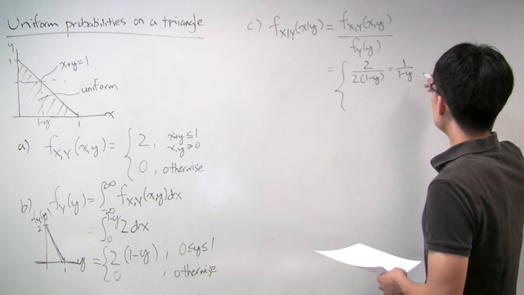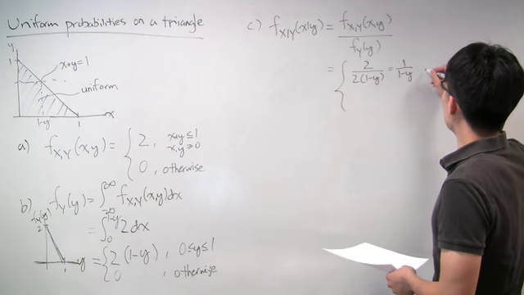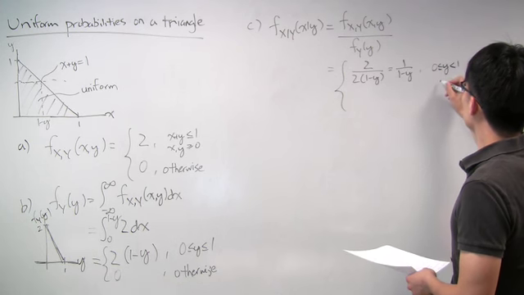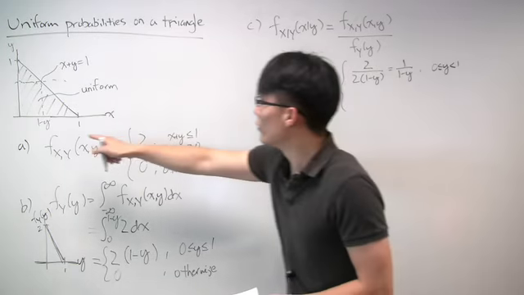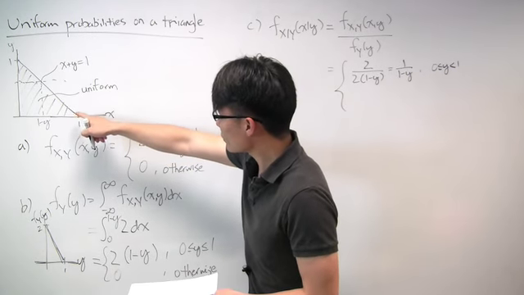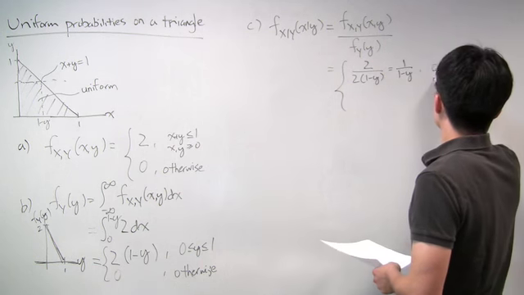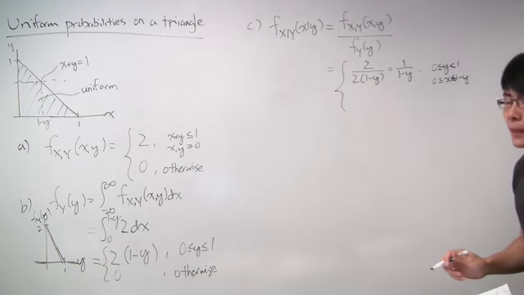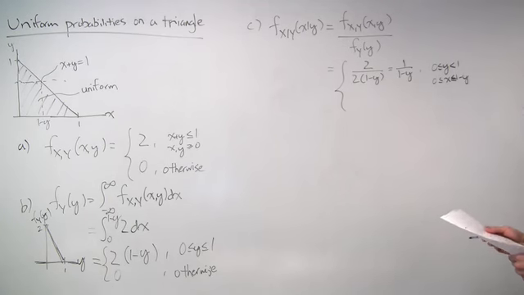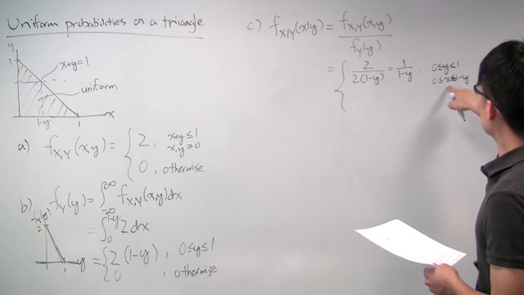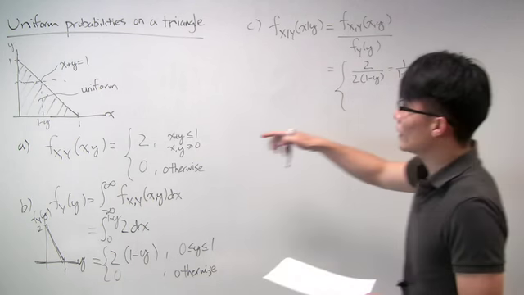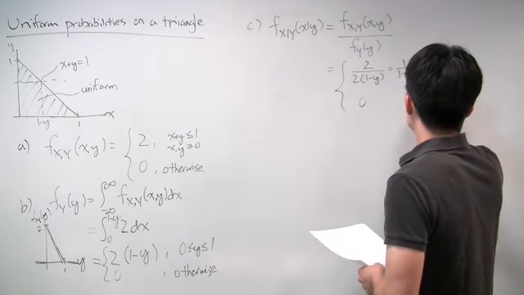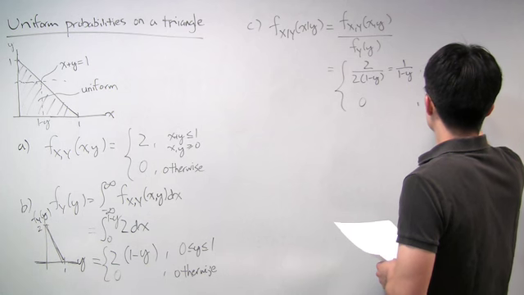Right? So put another way, that means that this is valid when y is between 0 and 1 and x is between 0 and 1 minus y. Right? Because whatever x has to be, it has to be such that they still fall within this triangle. And outside of this, it's 0.